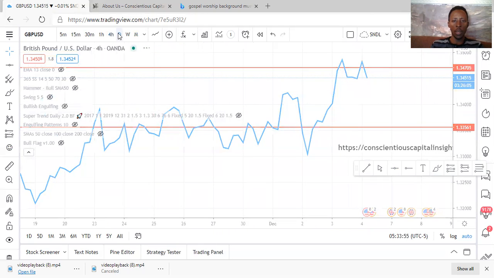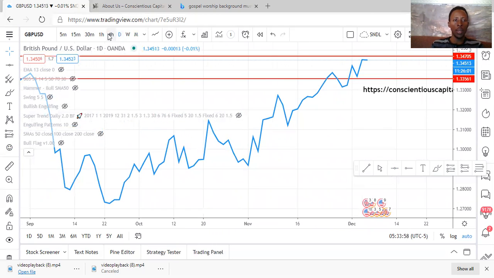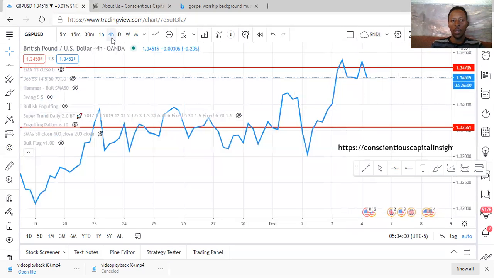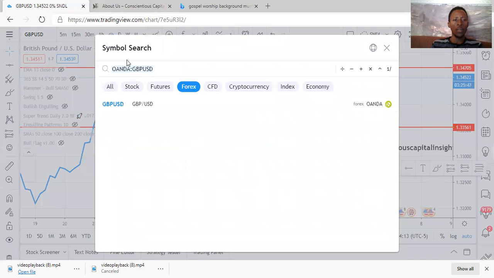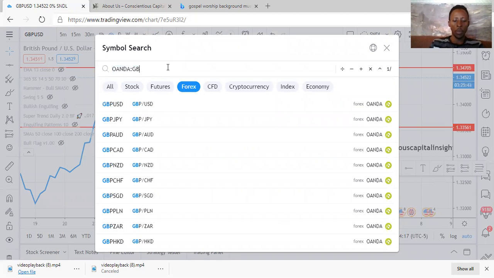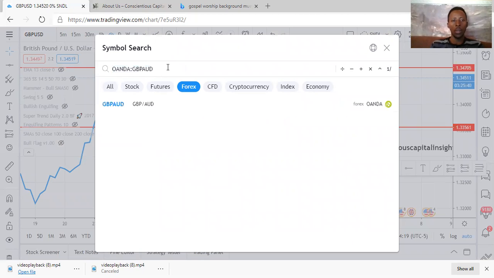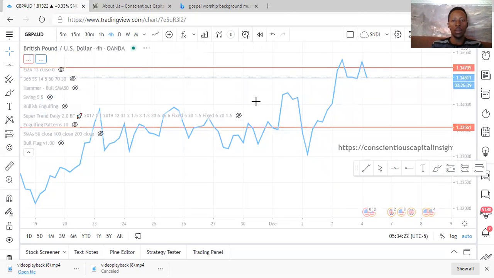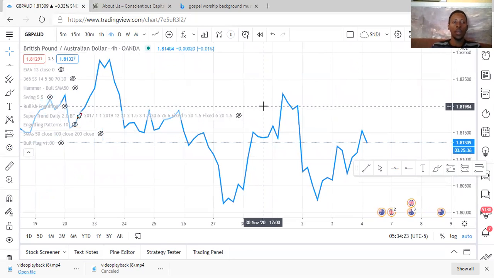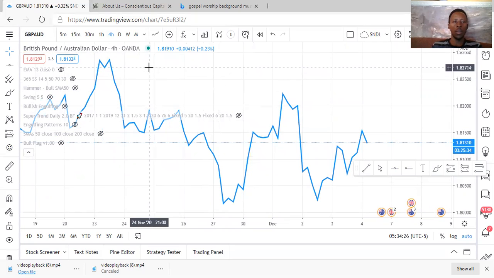Let's see from the daily. Now we can get any here. Okay, let's try getting some key positions. Or best, I suggest we look for a different pair, GBP/AUD. Let's check this.